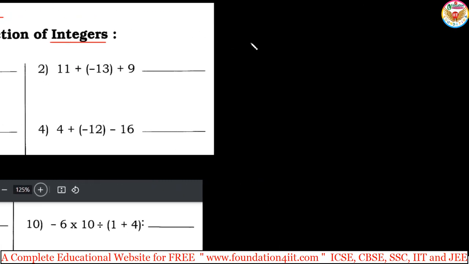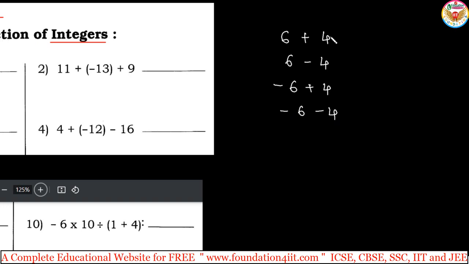That's why I am stressing this basic concept once again. If you want to add numbers like integers, we have 4 categories. For example, 6 plus 4, 6 minus 4, minus 6 plus 4, minus 6 minus 4.